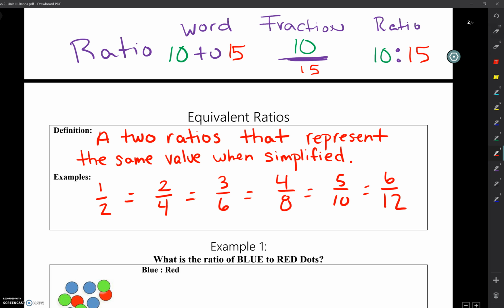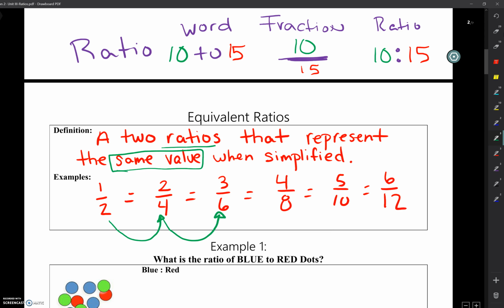Equivalent ratios are two ratios that represent the same value when simplified. And I gave you an example here. 1/2 is equivalent to 2/4. 2/4 is equivalent to 3/6. 3/6 is equivalent to 4/8, and 4/8 and 5/10 and 6/12.